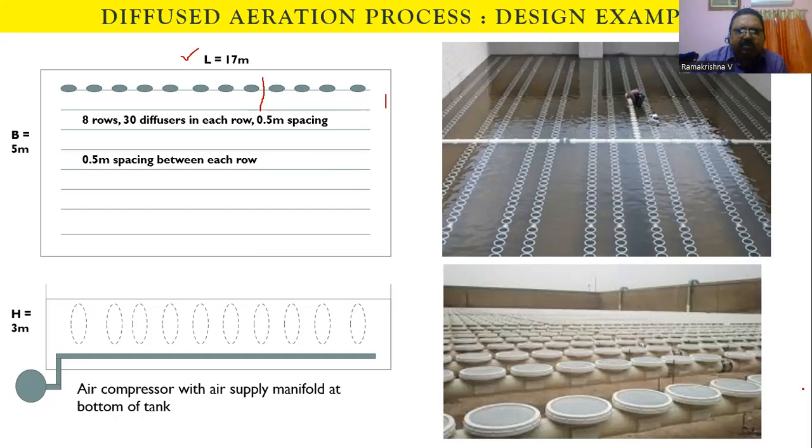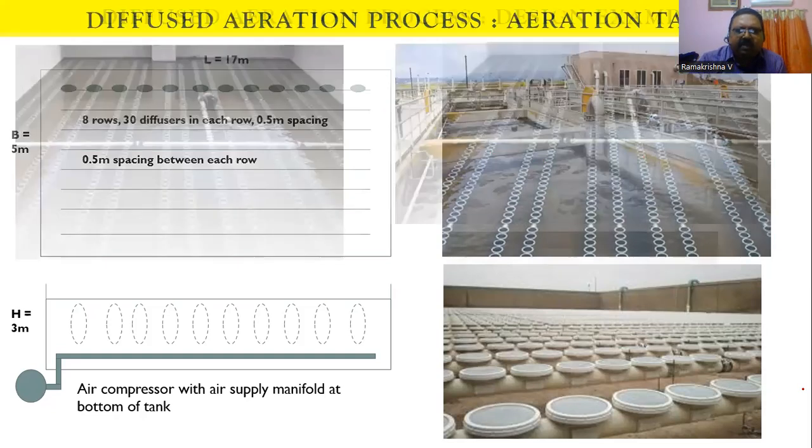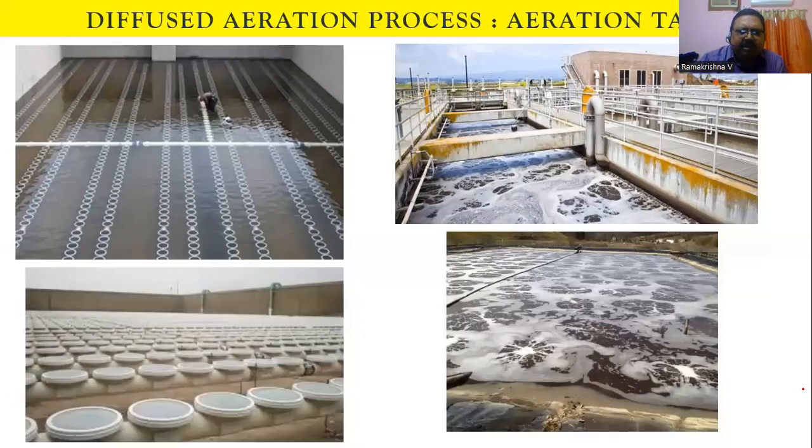So this is how we come out with the dimensions of a standard plug flow aeration system, also called a conventional aeration system, also called diffused aeration system. Now you can see here, these are the pictures on the right hand side. They are showing how the water is mixed because of the diffusers from the bottom.